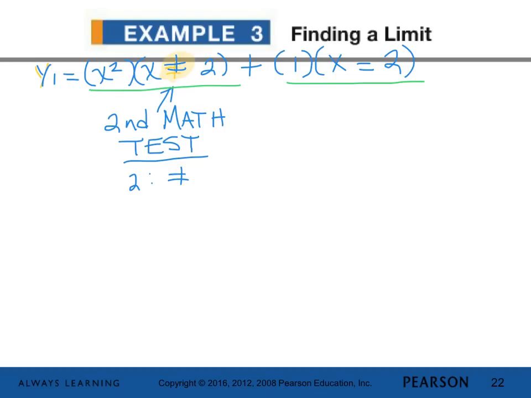And again, you can get that equal sign by hitting second math, which is the test menu. And the equal sign is the very first option on that menu, 1. So you just hit the number 1, and that will give you your equal sign. So at that point, you have entered your function.